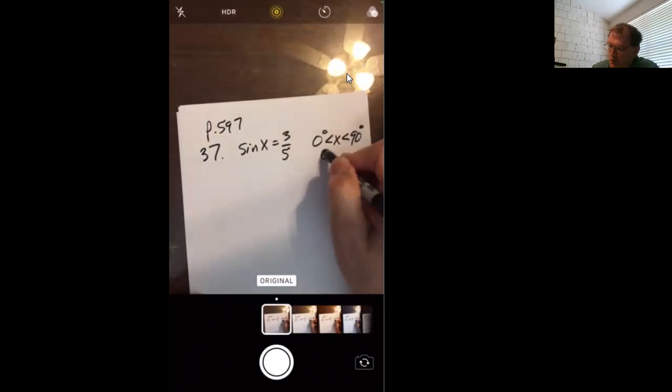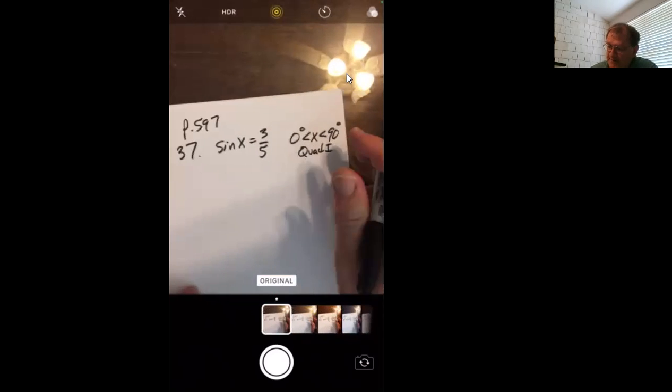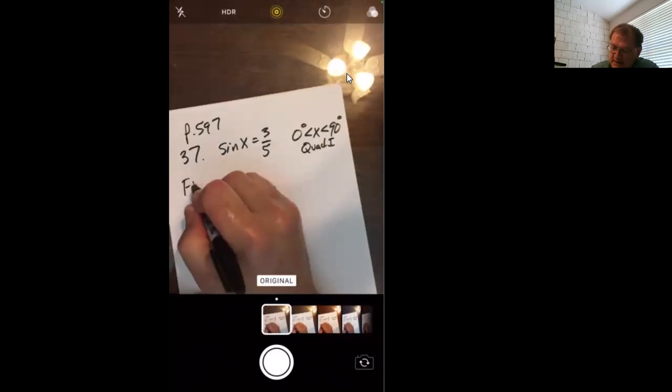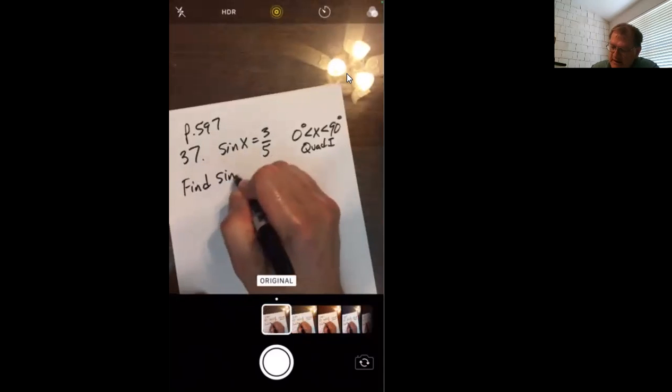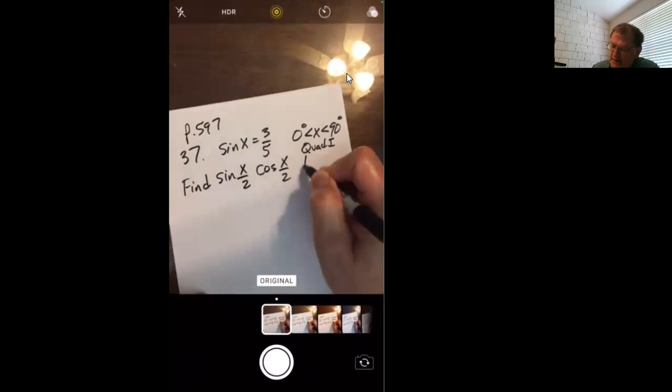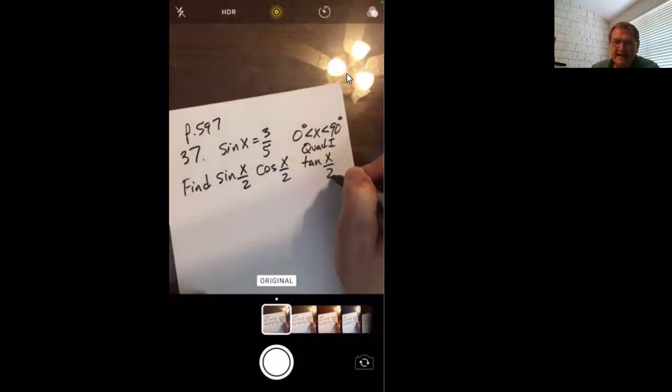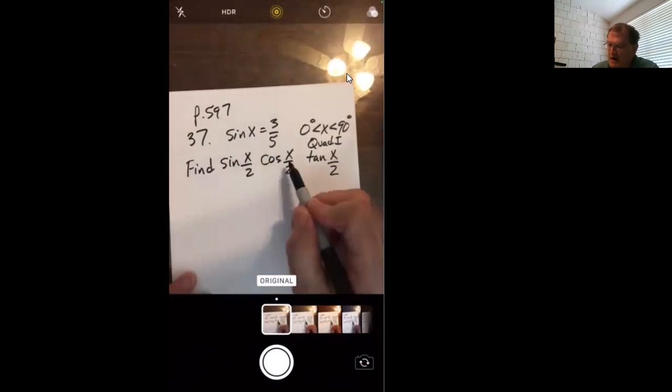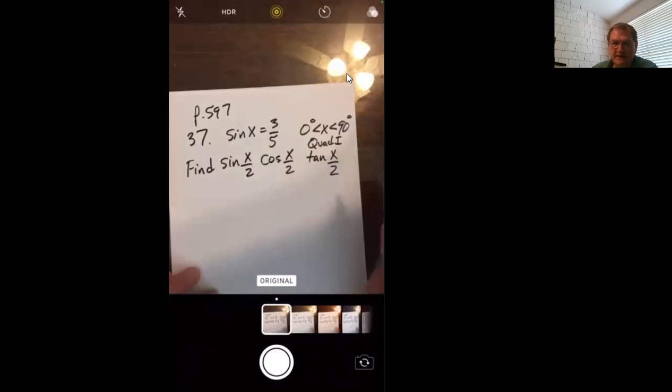That's basically quadrant 1. Did I tell you, in quadrant 1, they give you the limits of the angles. Find sine of x over 2, cosine of x over 2, tangent. And again, if you find sine and cosine, we can just divide them and get the tangent.